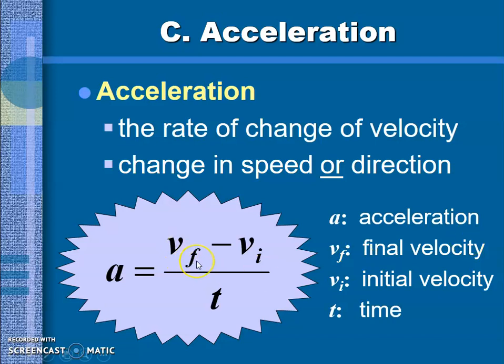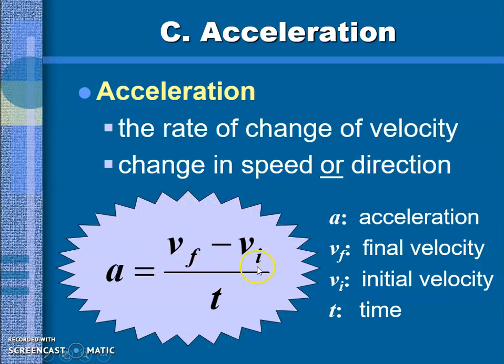Now, v_f is your final velocity, so this is your ending velocity. v_i is your initial velocity, so that is your starting velocity. You have to be careful here. Read the problems very carefully so you know which velocity goes in which location.